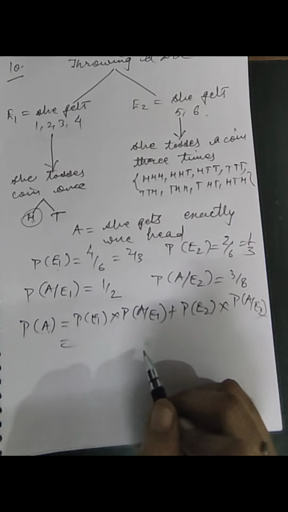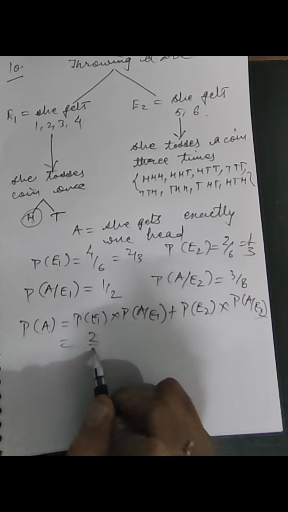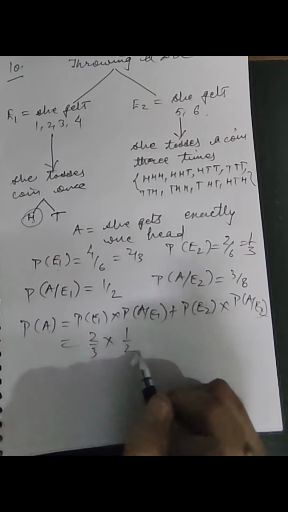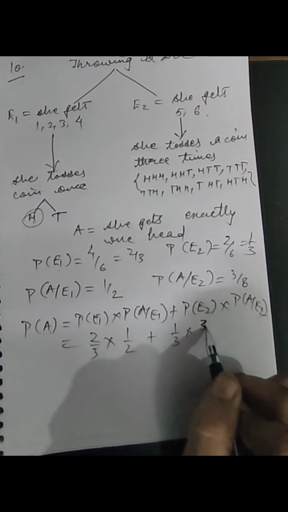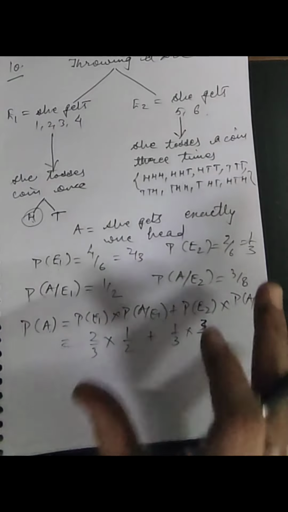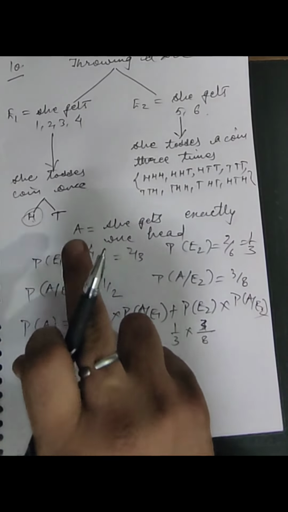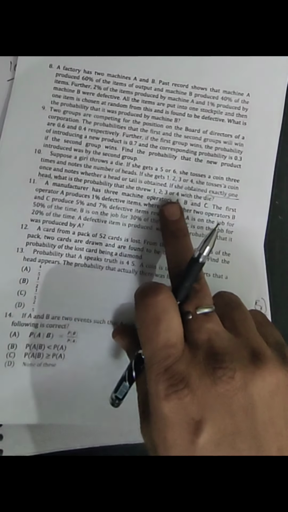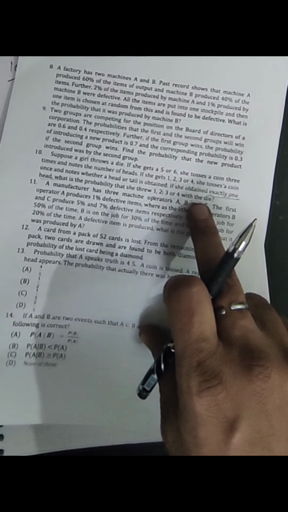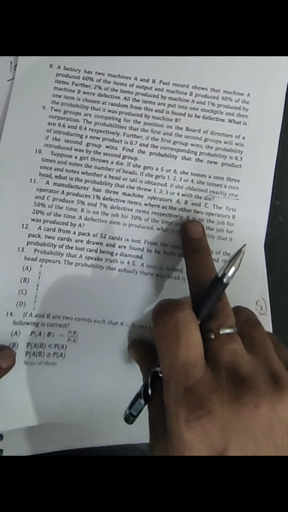We have 2 by 3 followed by 1 by 2, then 1 by 3 followed by 3 by 8. Now the question is asking, it's given that she got exactly one head, meaning A is given, and we need to find the probability of the event that she threw 1, 2, 3, 4 with the die in the beginning.